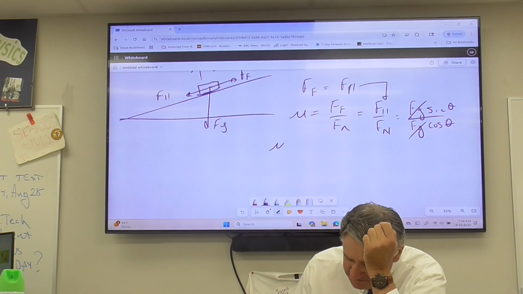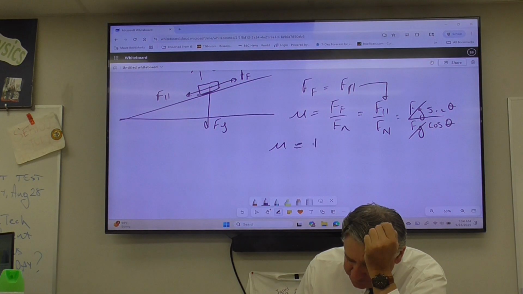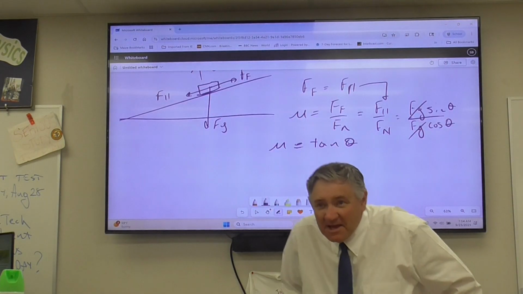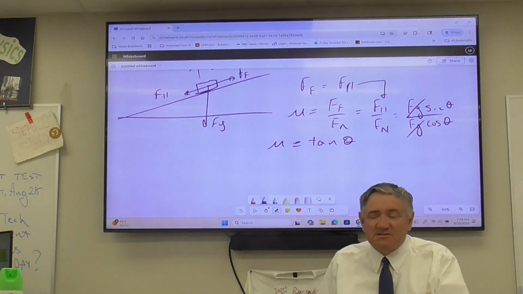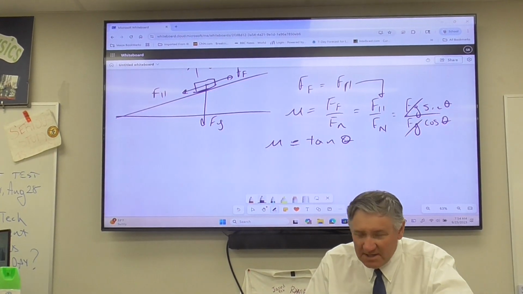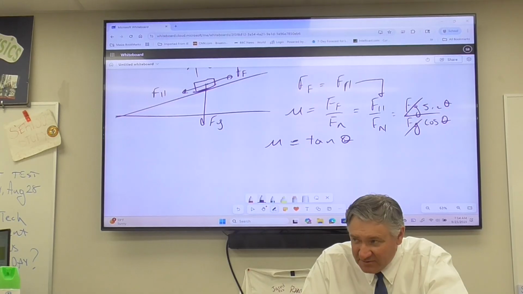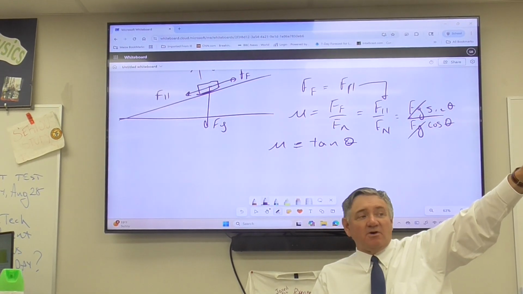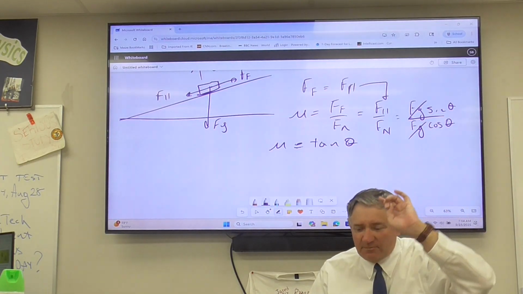So mu equals tangent theta. Now, listen to me, this only works for static friction, when the block is beginning to move. If you're pulling it, it doesn't work. This is only when it's coming from rest.